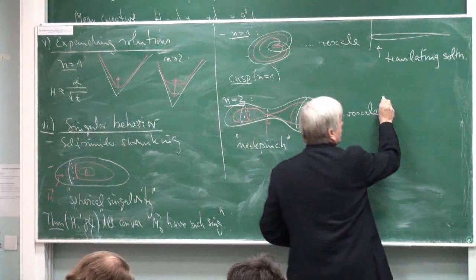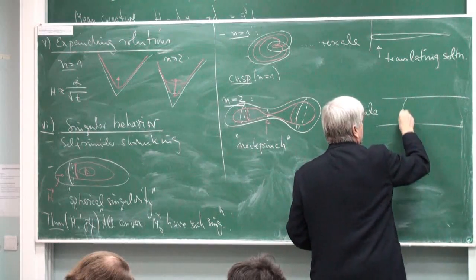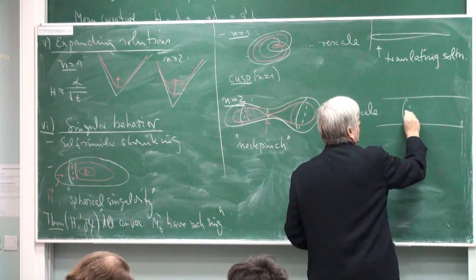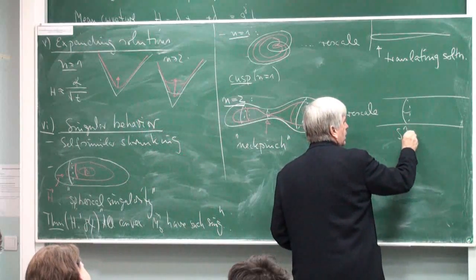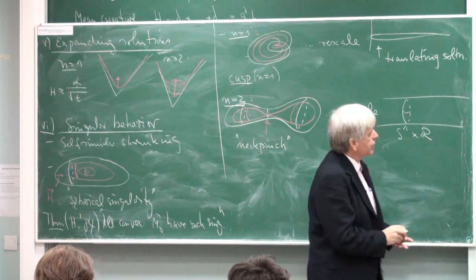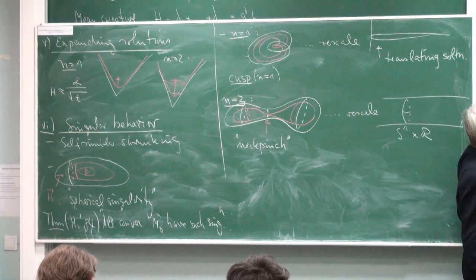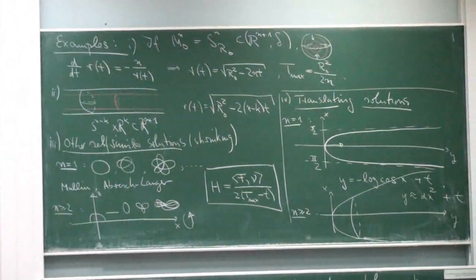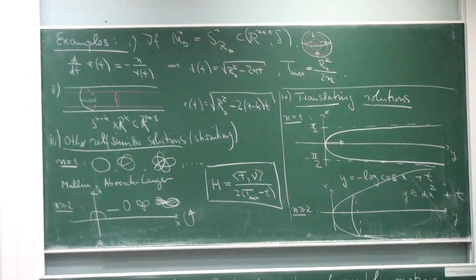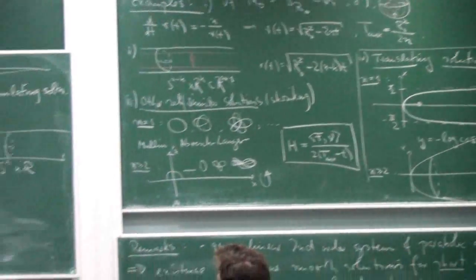So you get this shrinking solution. You get S1 cross R, which is this one here. So it's another singularity which after rescaling looks like one of these self-similar things.